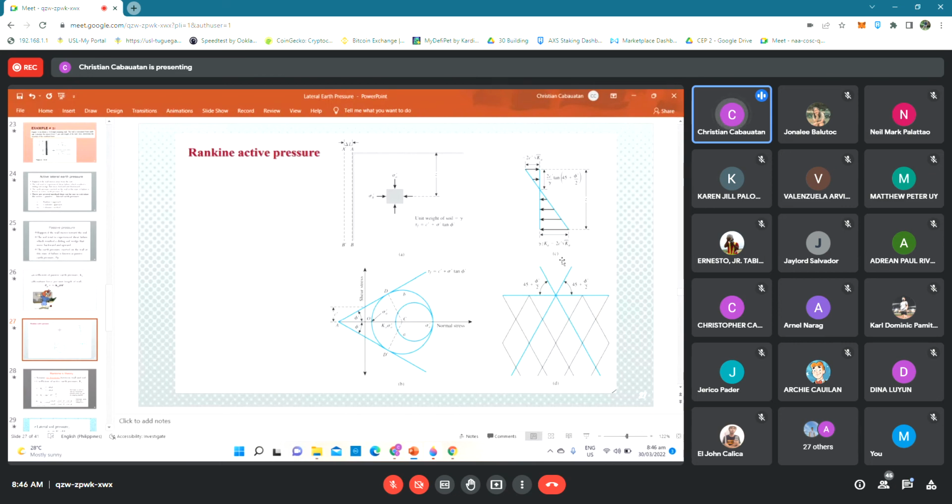Because of the cohesion, there is another effect on the other side, at the contact of your soil to your retaining wall, which, if it is active, is minus 2c square root of Ka. But if it is passive, it is positive 2c square root of Kp. That will come later on.